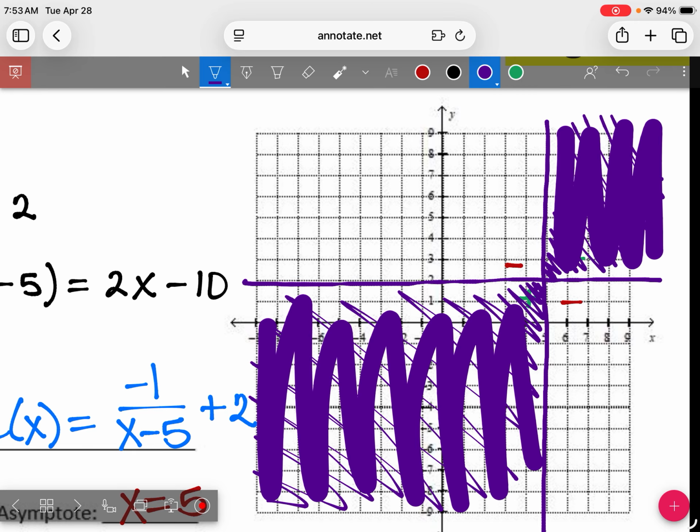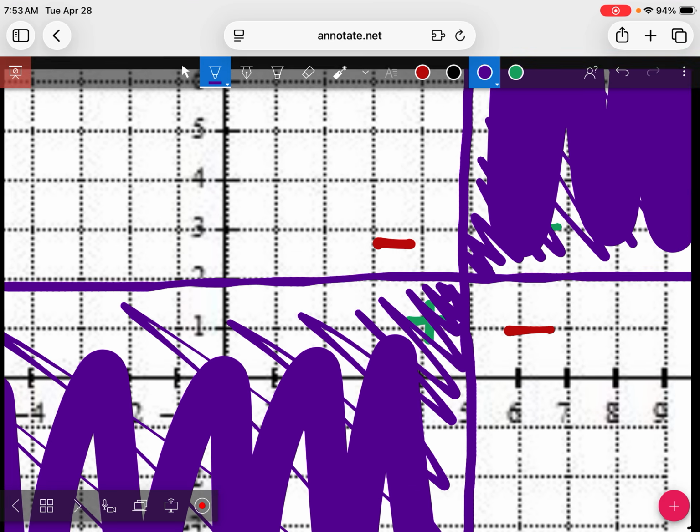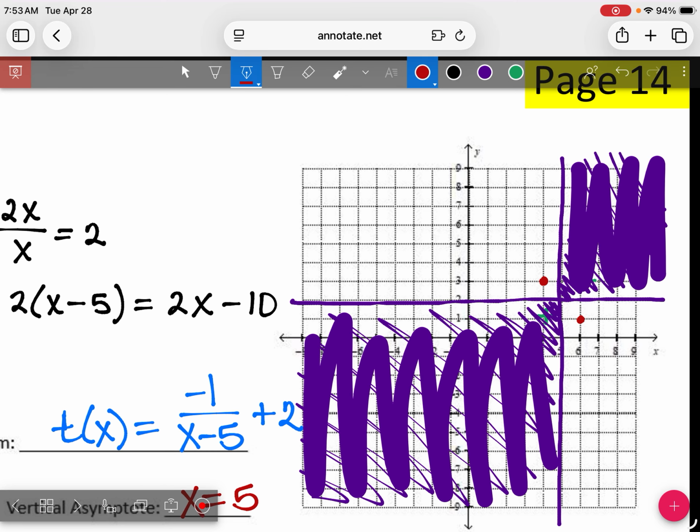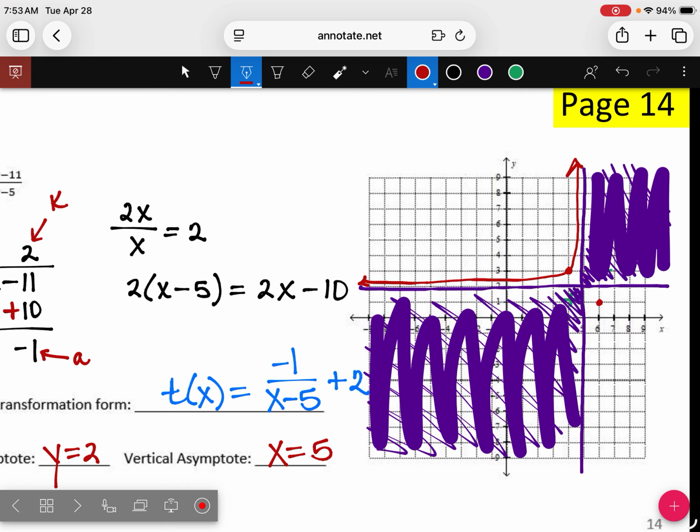So negative 1, that means I'm only hopping up once, left once, down once, right once. There's only going to be one point. This is my only point. The main thing is making sure you have them in the right quadrants. And this is what your graph will look like.